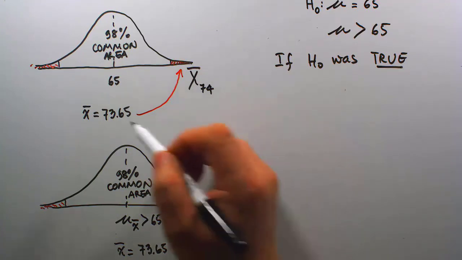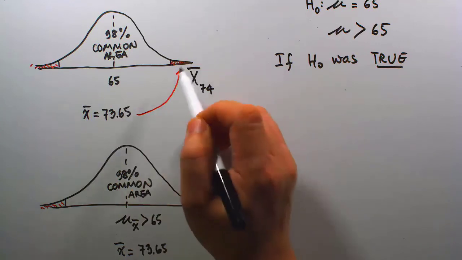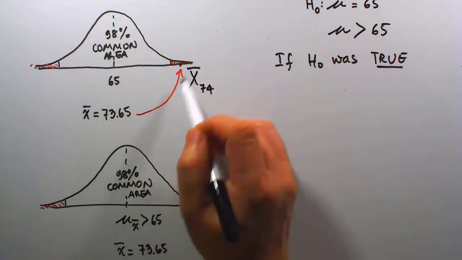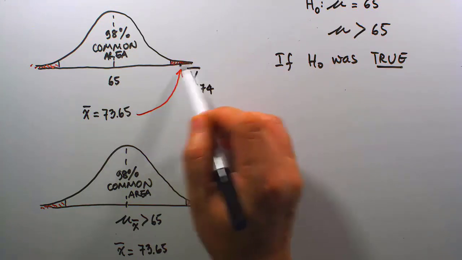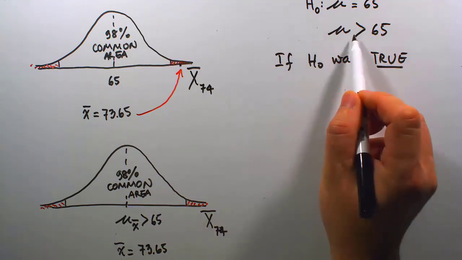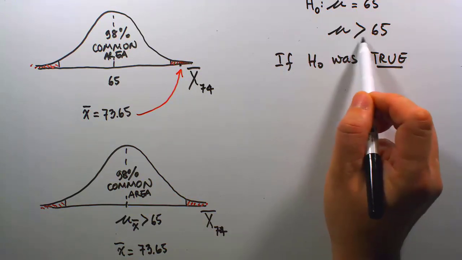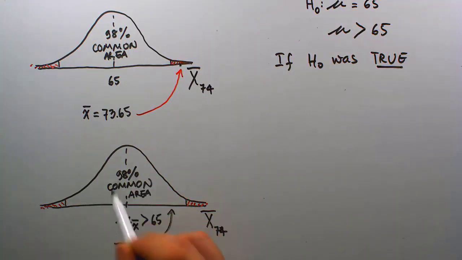So here, when the claim was 65, that made our sample mean stand right inside of the red unlikely area on the right hand side. But who knows, if the person who made the claim can change the value in the claim to anywhere higher than 65, and high enough so that our sample point now belongs somewhere inside of this 98% common area.